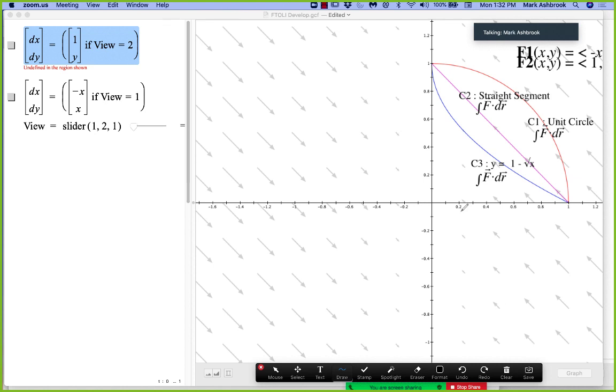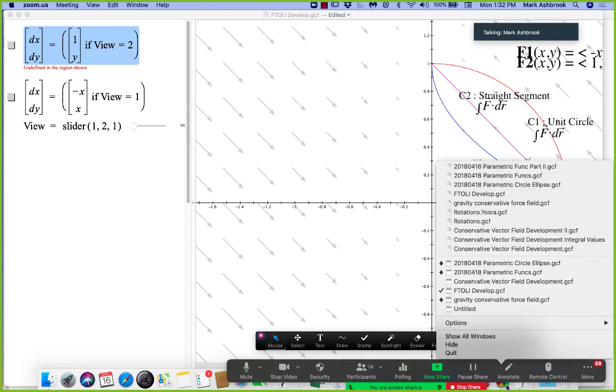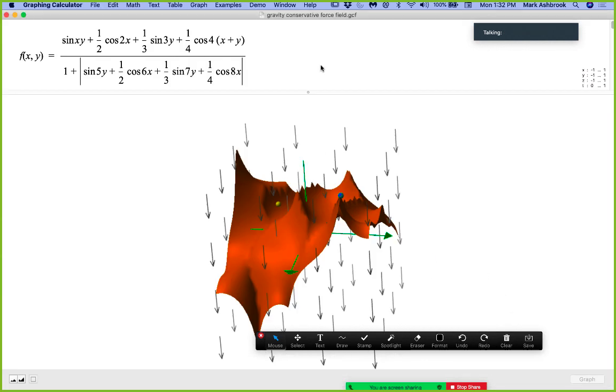Okay, so let's apply some of these principles in a problem. So we're going to Middle Earth and the mountains of Mordor in Middle Earth.